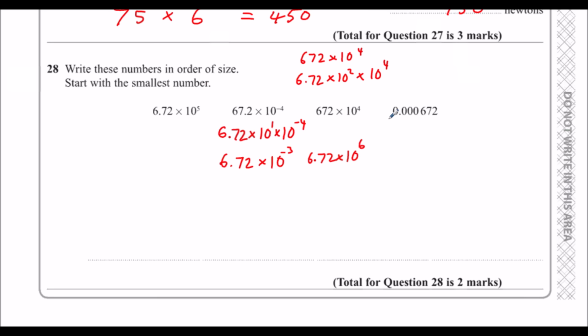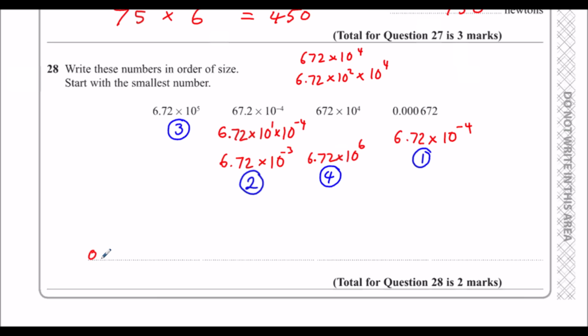And 0.000672 is the same as 6.72 divided by 10, 1, 2, 3, 4 times. So times 10 to the power of -4. So the smallest is power of -4, then -3, then 5, then 6.